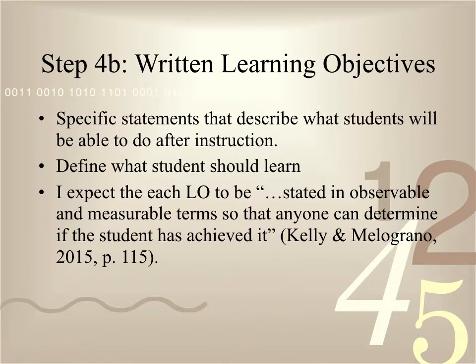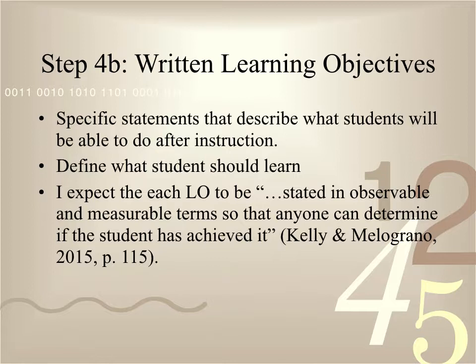I expect each learning objective to be, as Kelly and Melograno say in their textbook, stated and observable, meaning that you can see it. And you should be able to measure these outcomes, so that anyone else, not just you, like a substitute teacher or your principal, can determine if the student has actually met that particular objective.